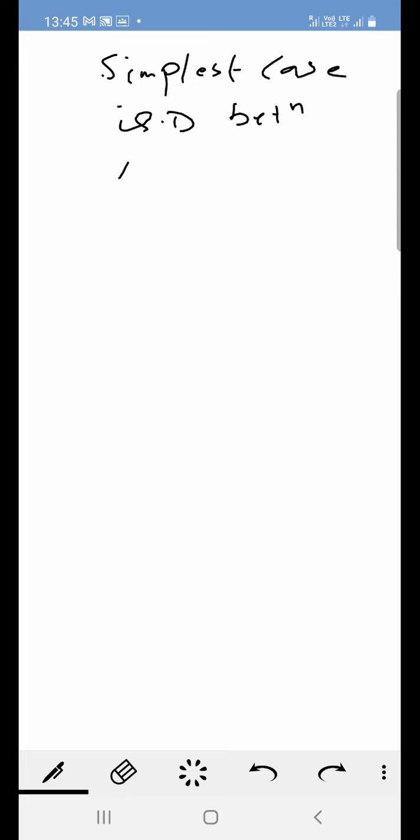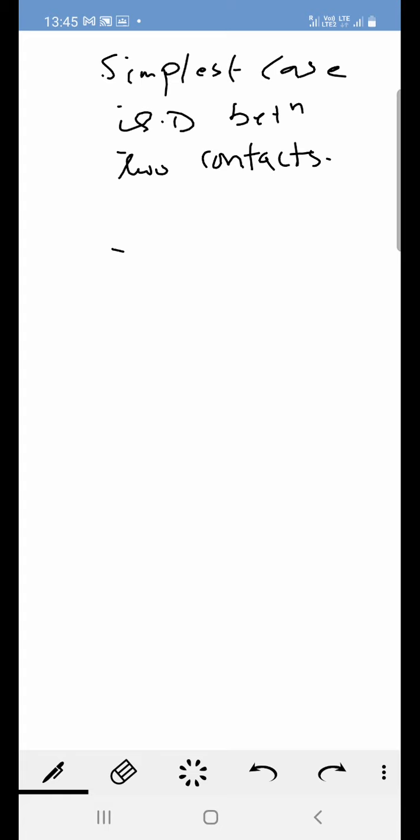Now we take the simplest case of a quantum dot between two contacts.